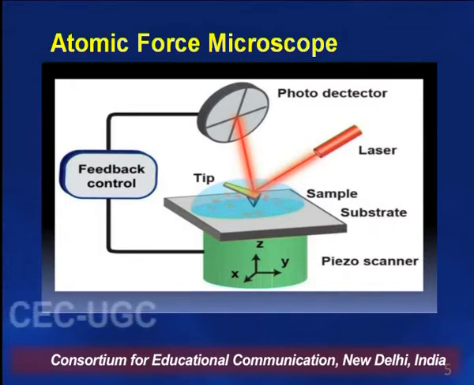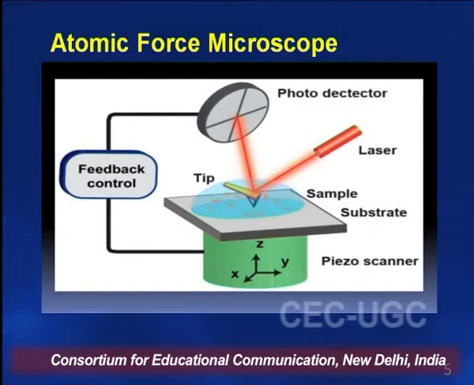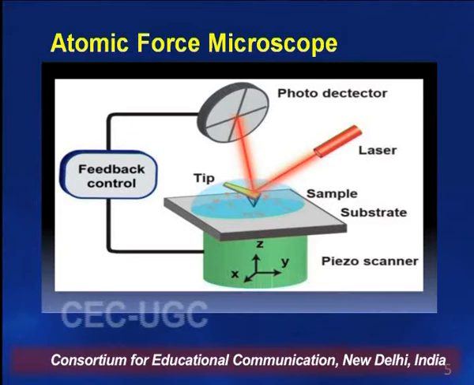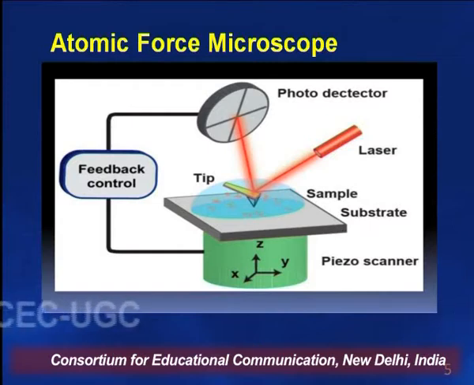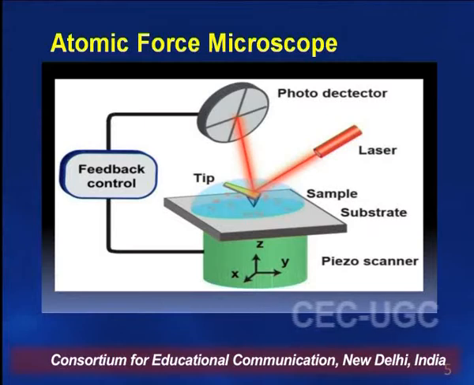Now you see the tip is at the center and this tip is monitored through the laser beam. On the right hand side we have the laser source, and this laser falls upon the tip, and you see that the laser light is reflected from this tip and goes to the photo detector.